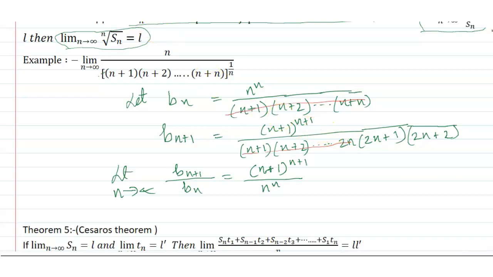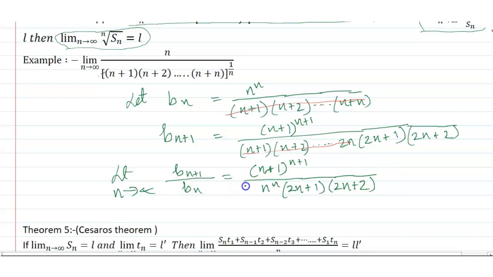So this portion is 2n plus 1 into 2n plus 2. This is the rest portion, friends.